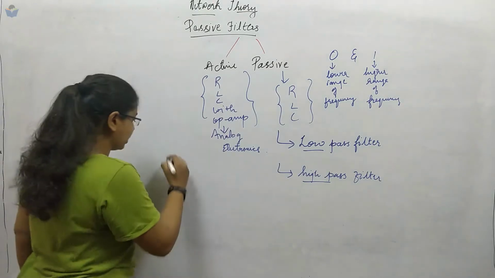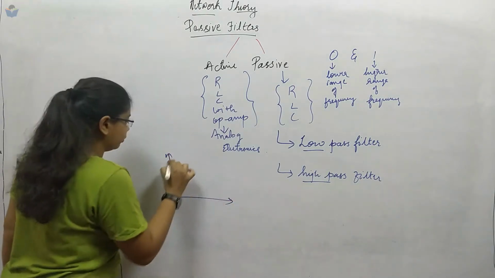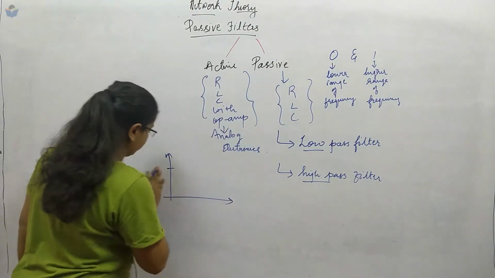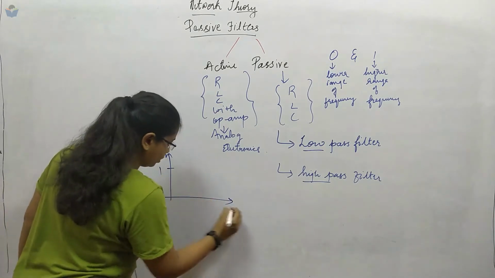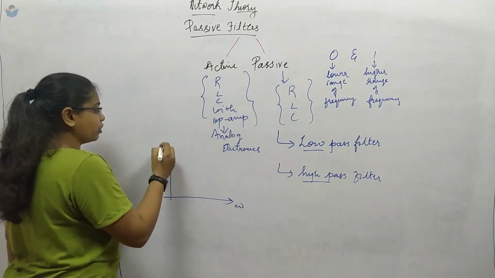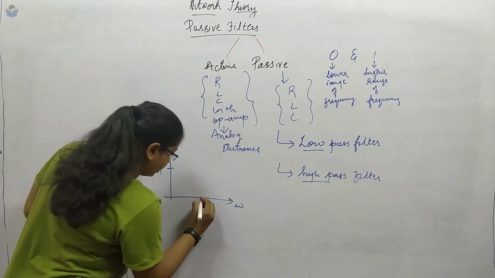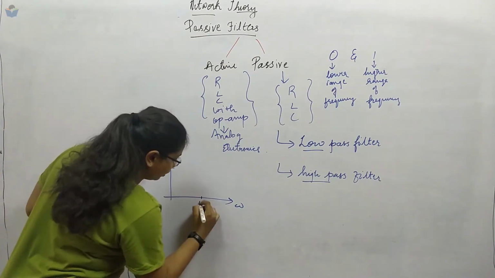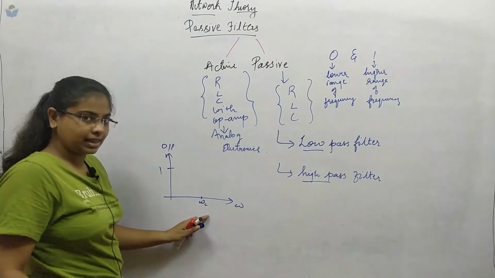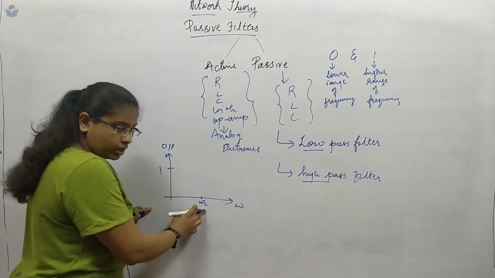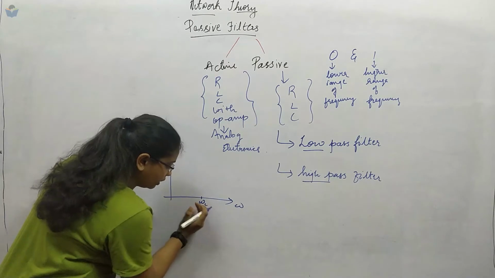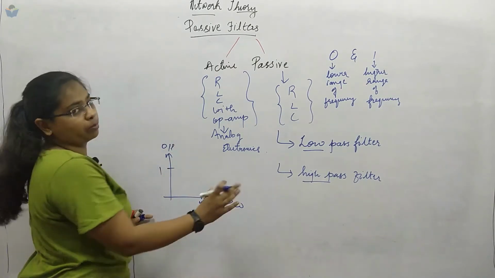In the filter section, if you plot a graph, here it is 0 and this is 1, and this is omega, and here we have got an output for the circuit. Let us consider this is the cutoff frequency, omega c. This is how we judge whether it is a low pass filter or high pass filter.